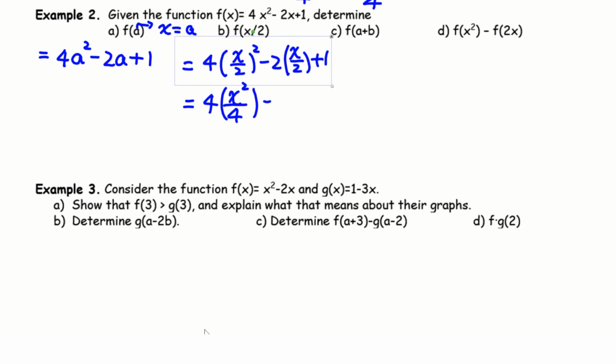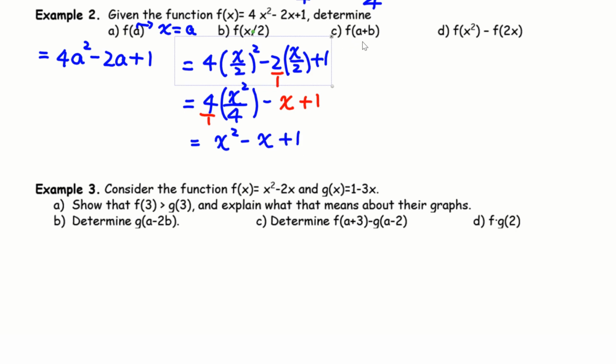Minus this one, 2 times x over 2, we change 2 to a fraction, 2 over 1. So numerator times numerator, denominator times denominator, 2x over 2, we could cancel 2 out, you have x left, then plus 1. So for the first term, numerator times numerator, denominator times denominator, 4 and 4 we could cancel out. We are going to have x squared minus x plus 1.